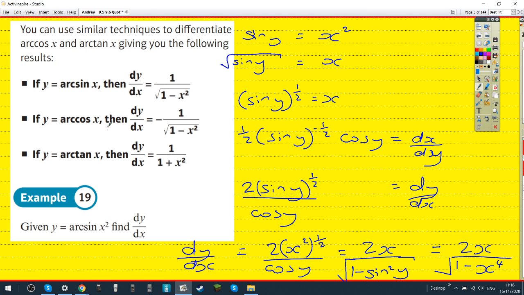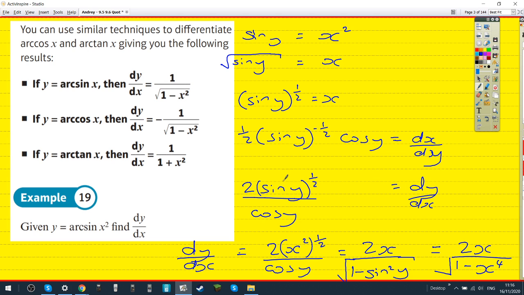Let me see. So y equals arc sine x squared. We sine both sides. Then we square root both sides so that we can get x equals, so that we can get dx/dy. We get dx/dy, then we flip it. The problem is we have dy/dx in terms of y.